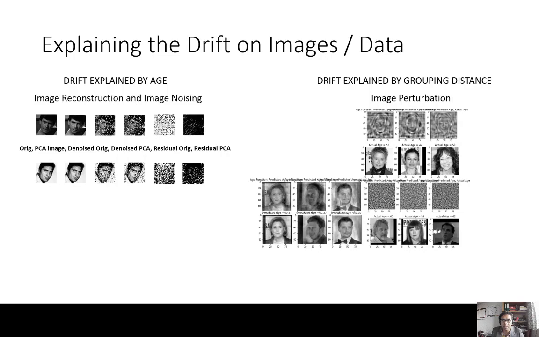Then using image perturbation, this is for one particular set of data where the distances are almost similar, and we get a sort of face structure here. When we add that face structure to this data, the image still remains the same to the naked eye, but it changes the decision boundary for a neural network or maybe an SVM classifier.